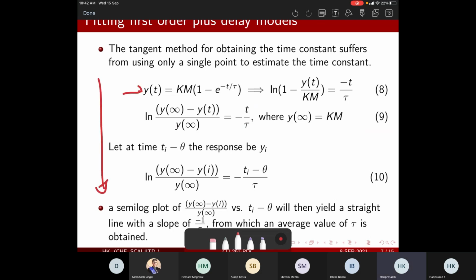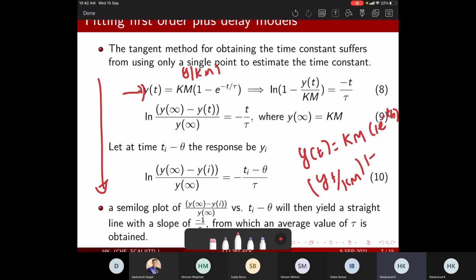What you have to do: y of t is km times 1 minus e raised to minus t by tau. So y(t) by km is equal to 1 minus e raised to minus t by tau, fine.